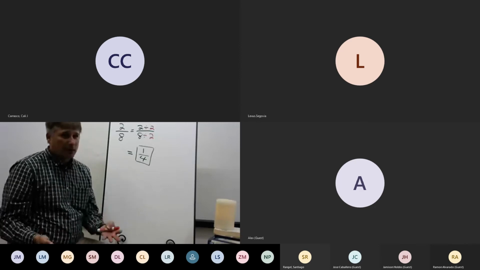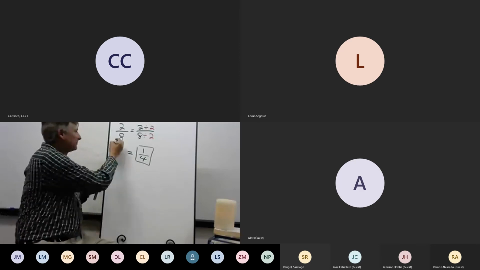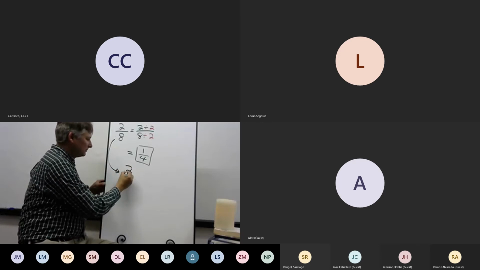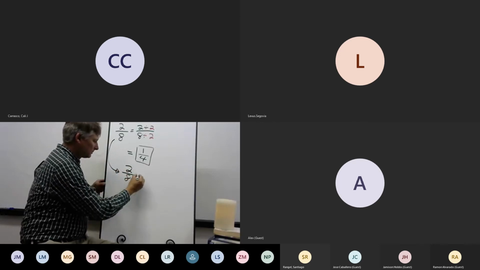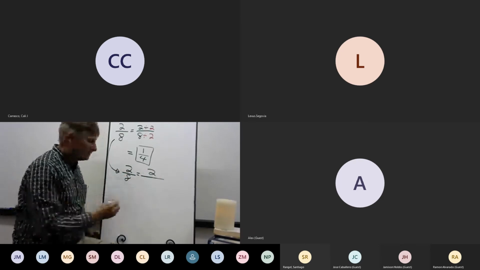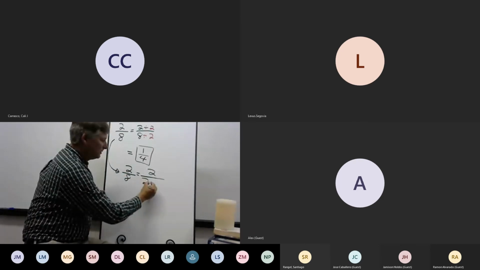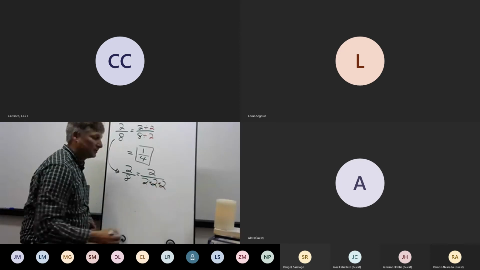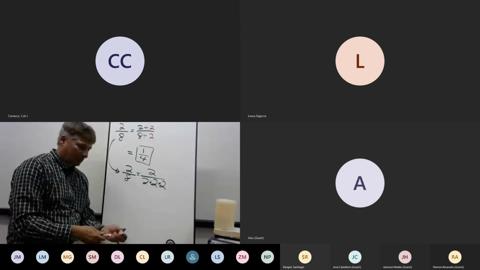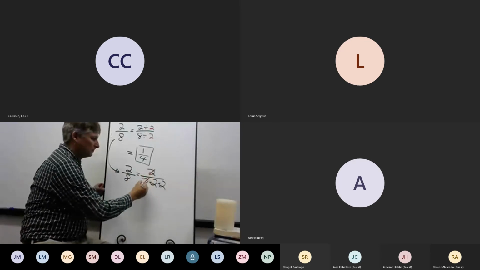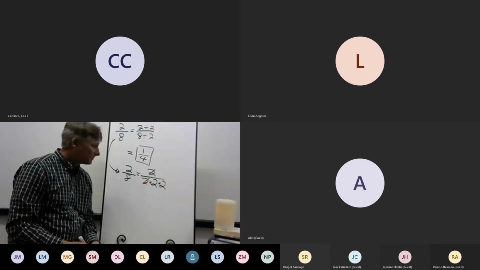Now, if we did this using prime factorizations, 8 is 2 times 2 times 2. And so we can cancel the 2's, or at least a pair of 2's.